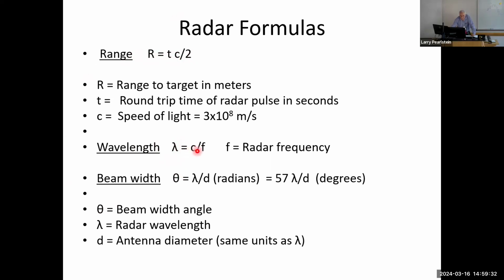Frequency is c divided by lambda, which is the wavelength. Beam width is determined by the diffraction limit. The angular beam width theta in radians is lambda over D, where D is the diameter of the antenna. And remember, a radian is about 57 degrees. So you got that done.